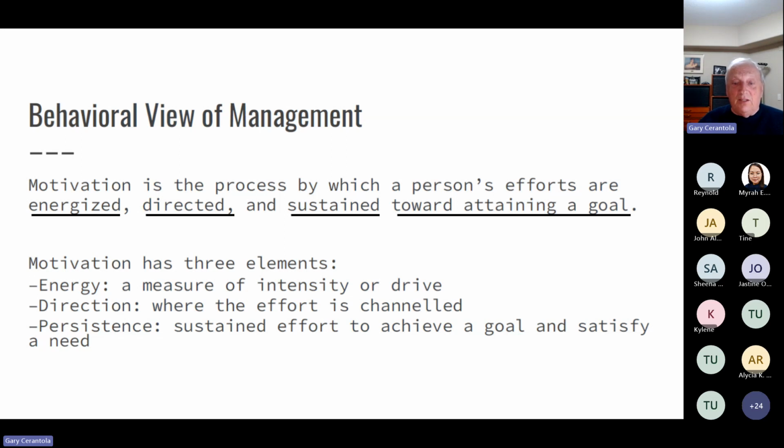So motivation has three elements. It's the energy, that's intensity or drive. And I'll share this one piece with you in terms of being a leader: when you walk into the workplace during the day, or at the beginning of the work period, as a leader, people pick up on your energy, and if you demonstrate that intensity and that energy right from the get-go and you're consistent, they will pick up on that.